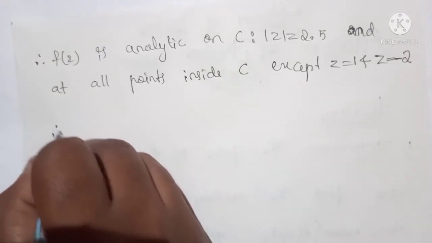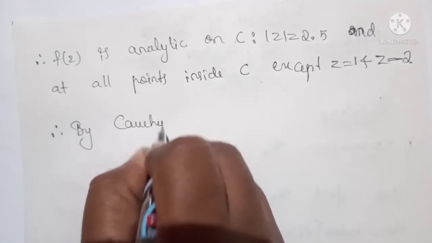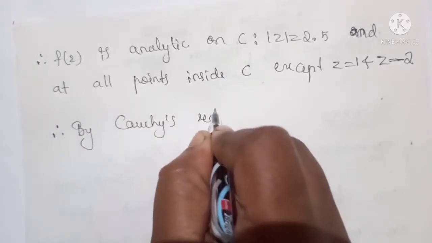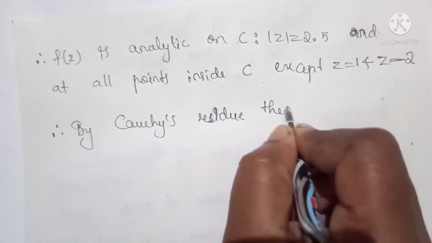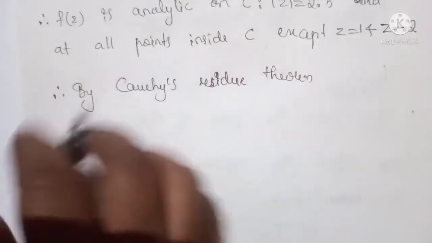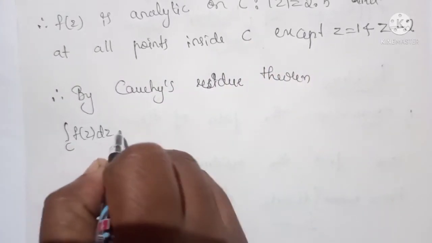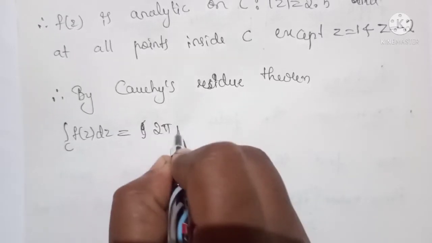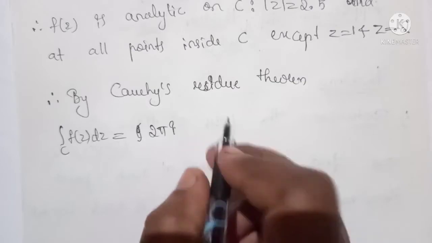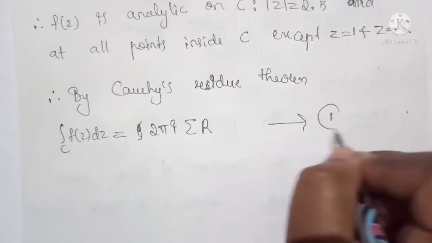So therefore we can apply Cauchy's residue theorem. By Cauchy's residue theorem, the integral over c of f of z dz equals 2 pi i times the sum of the residues. Consider this as equation 1.